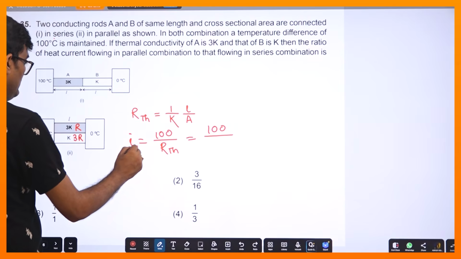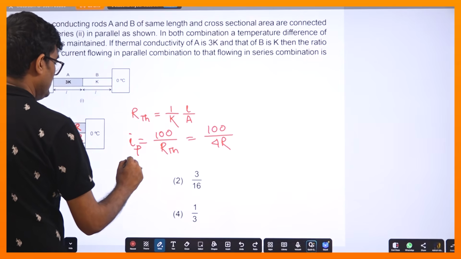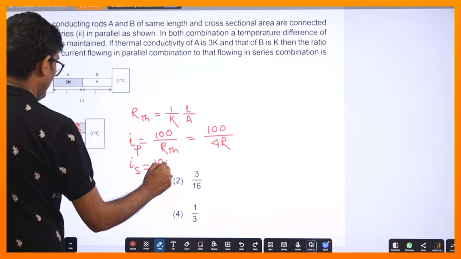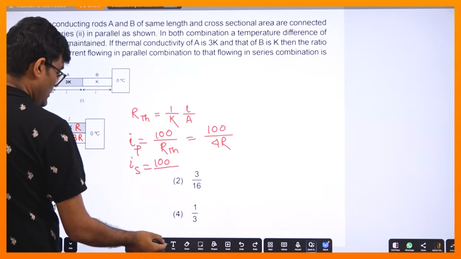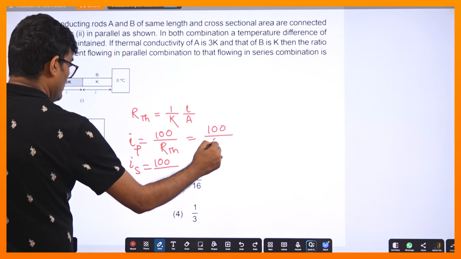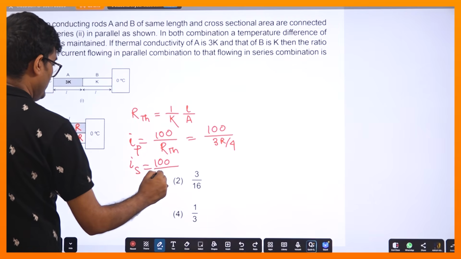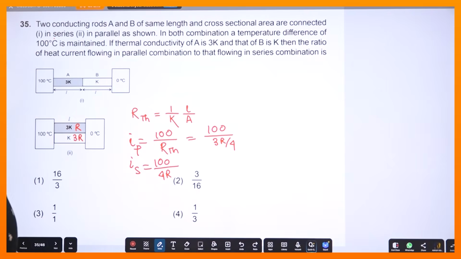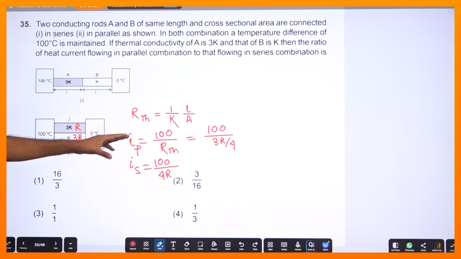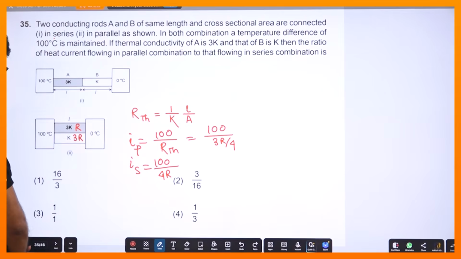Sorry, parallel resistance will be 3R by 4, and in series it is 4R. So the question says, what is the ratio parallel to series, right? So it is 4R into 4 by 3R. 16 by 3 is the correct choice for this question. Got it?